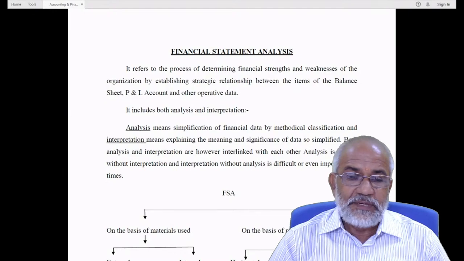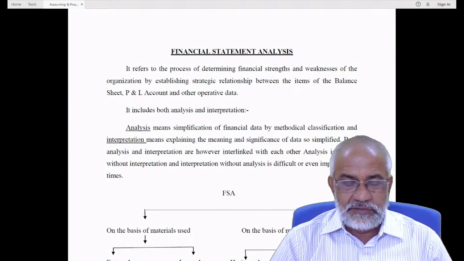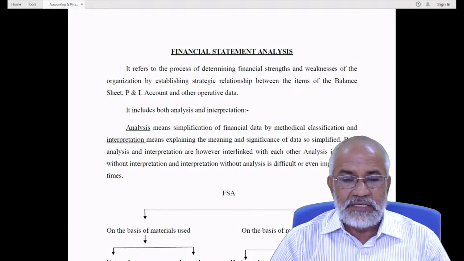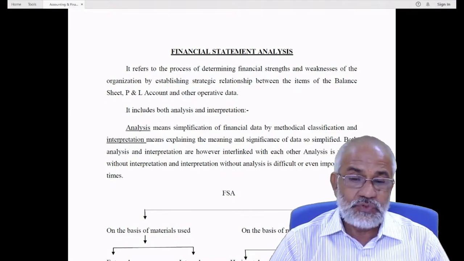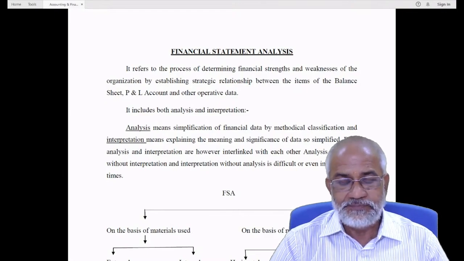So financial statement analysis is done in two ways. One on the basis of materials used, the second one on the basis of modus operandi.